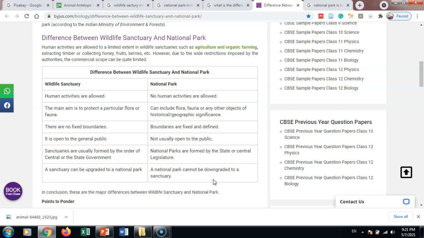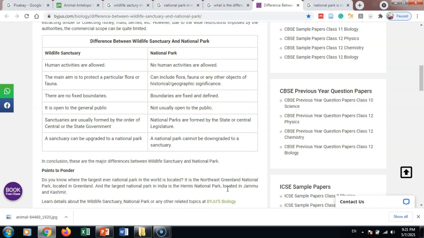The promotion of a wildlife sanctuary to a national park means we can say a national park is in some sense superior to a wildlife sanctuary. A national park cannot be downgraded to a sanctuary. So these are some basic differences, and you can easily understand now. You are very clear about the meaning of wildlife sanctuary and national parks. So in conclusion, these are the major differences between these two.